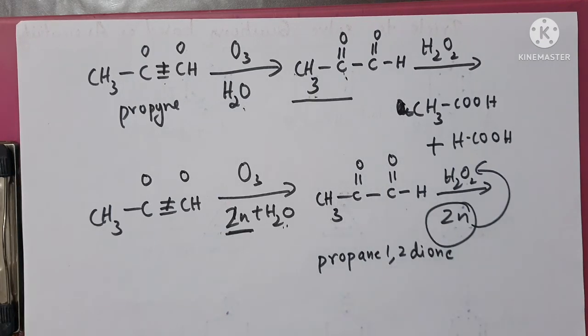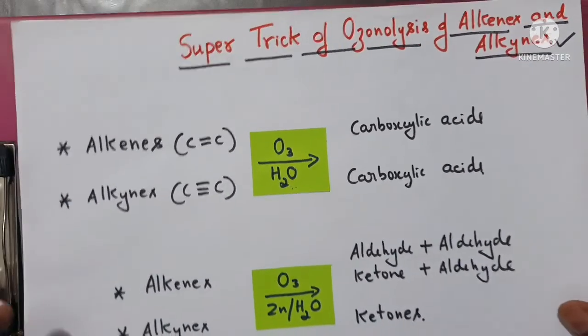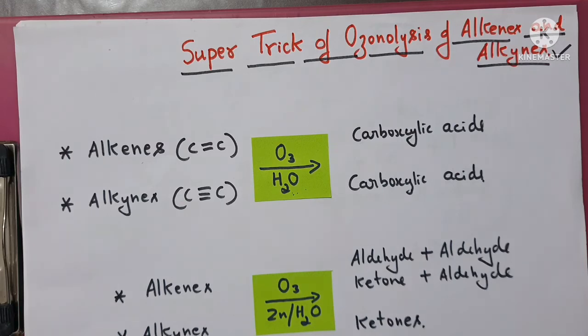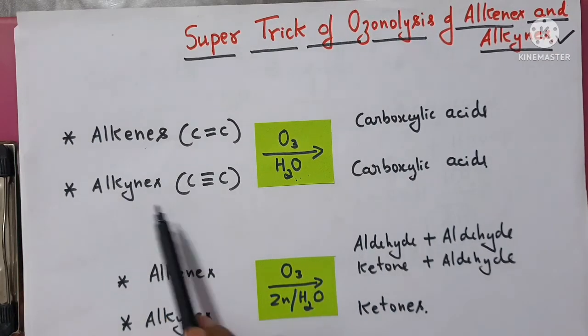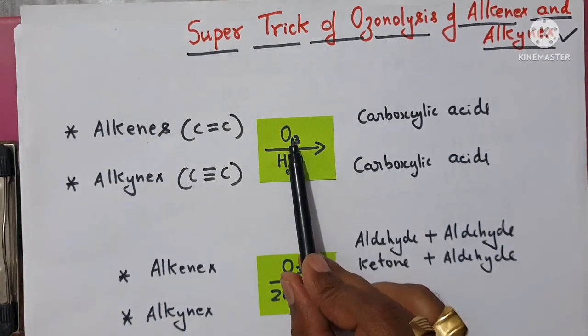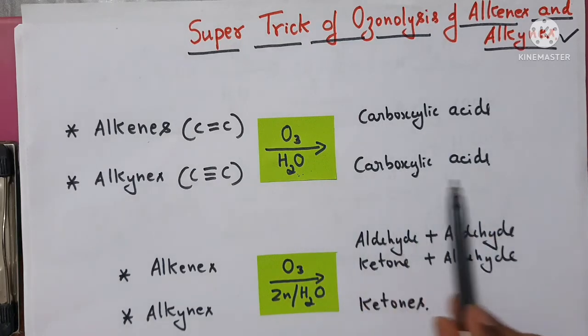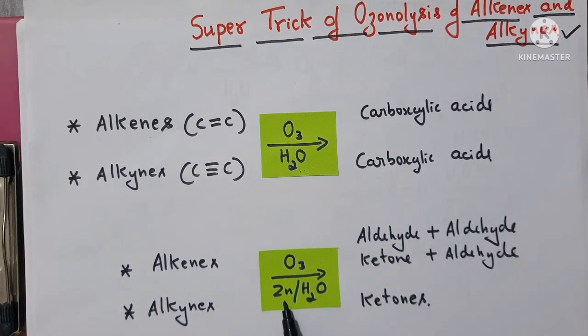So that is what I just wanted to tell you. Remember this and try to fix this in your mind. Whenever there is an alkene or alkyne, only water and you're adding ozone, carboxylic acids are formed. But whenever there is zinc and water, remember aldehydes and ketones are formed.